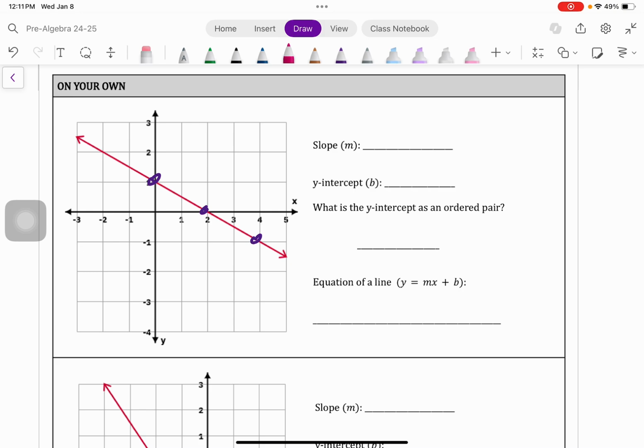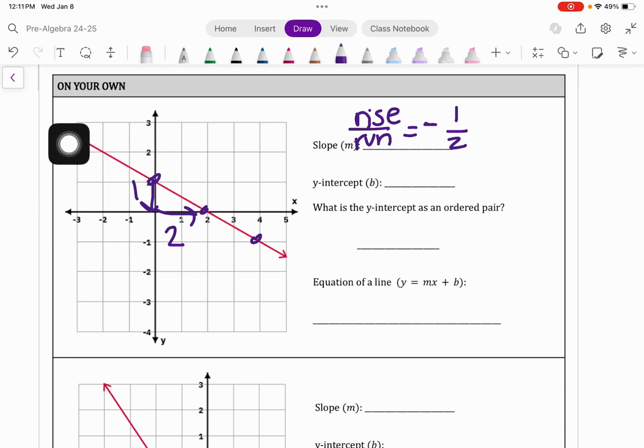It looks like I'm going down to the right 1 and then 2. All of these are counting by ones. So rise over run. It's negative because we're going down. The line's falling from left to right.